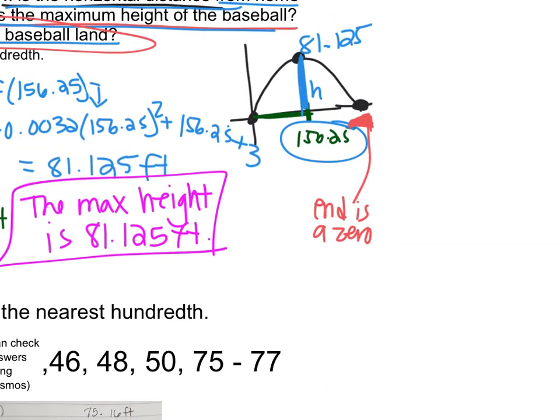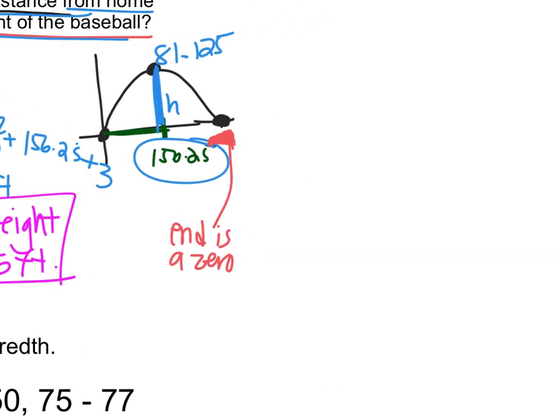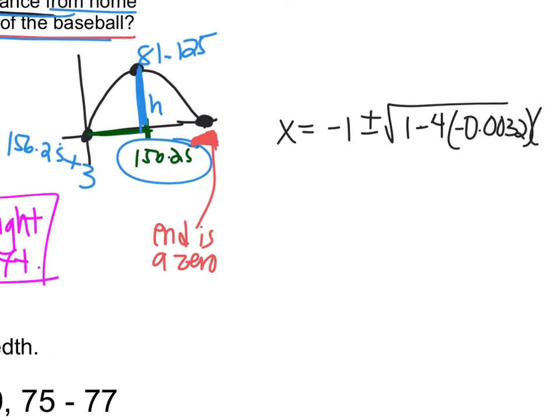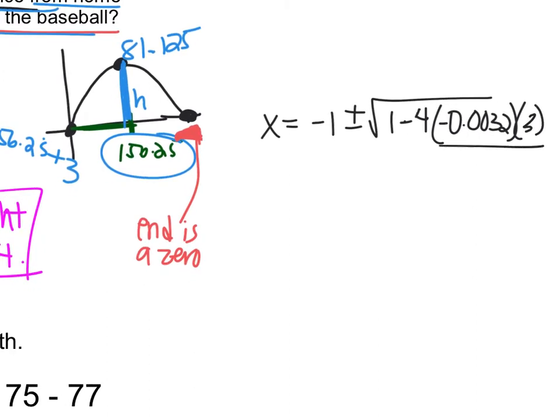So if we do our quadratic formula here, we'd have x equals the opposite of b, so -1 plus or minus the square root of b squared, which is 1, minus 4 times a times c, which is 3, all over 2 times a.